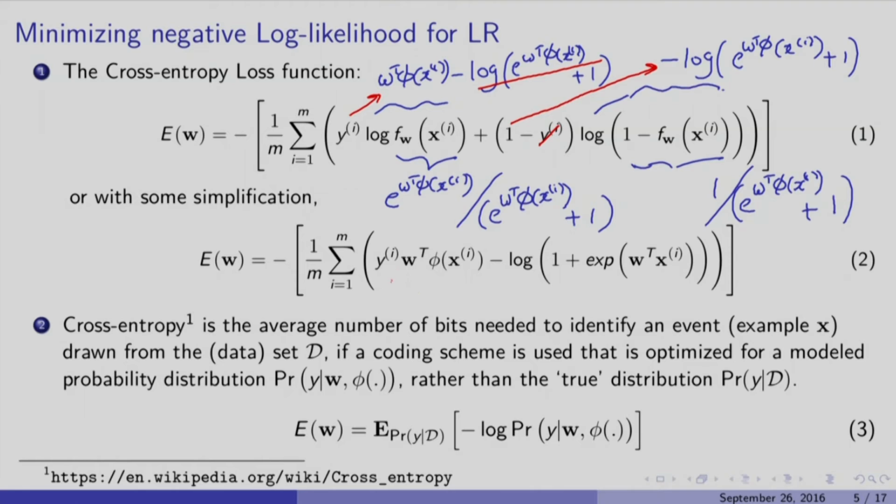What is this expression? So recall that the sum of unsigned distances of the misclassified points from the hyperplane for the perceptron was precisely this.